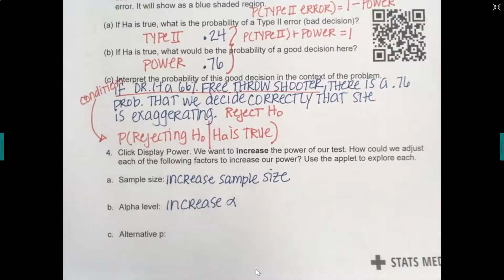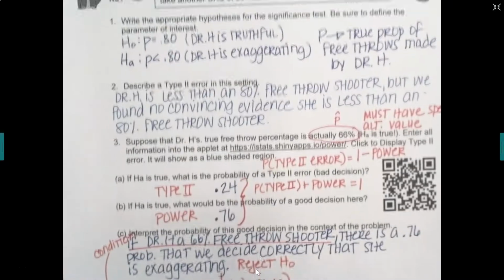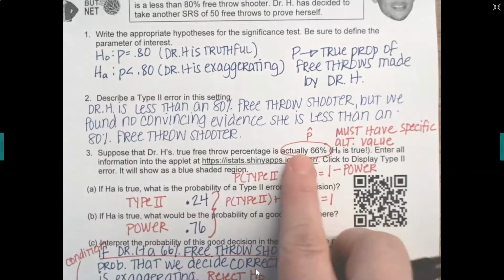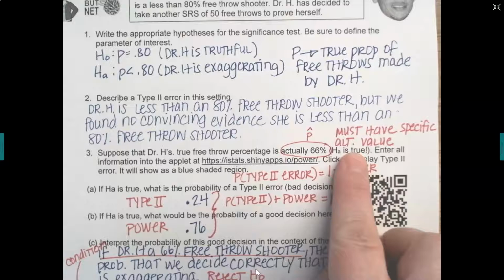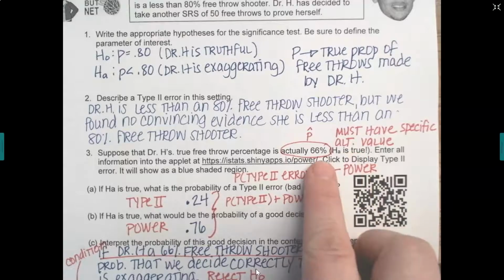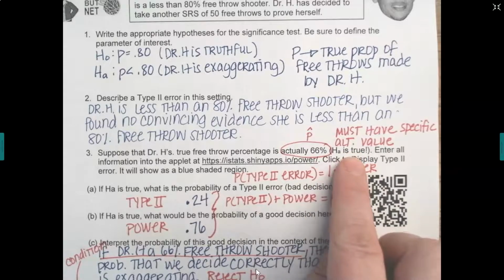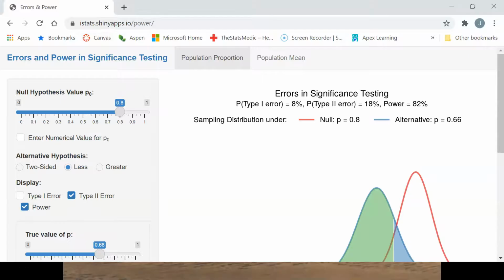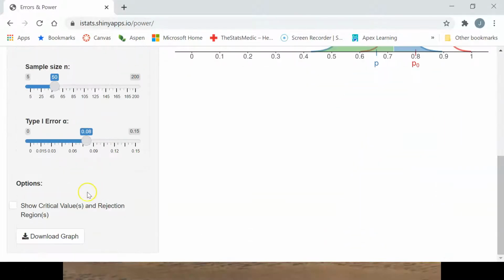Now our alternative P, and they're not talking about this value here. They're talking about the specific value that we have to put in, suggested from our P hat in this case. So our alternative P, let's take a look what's going to happen there.